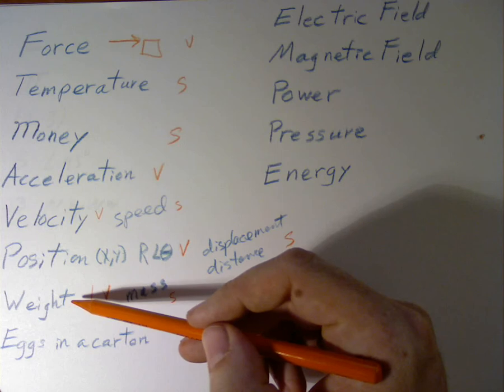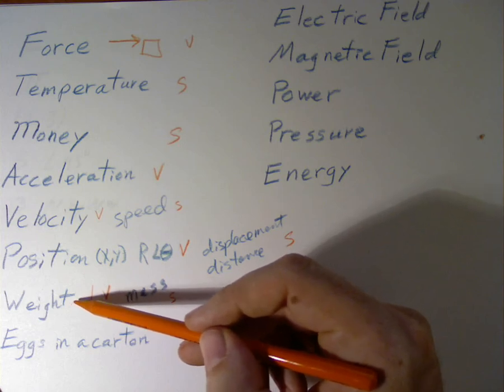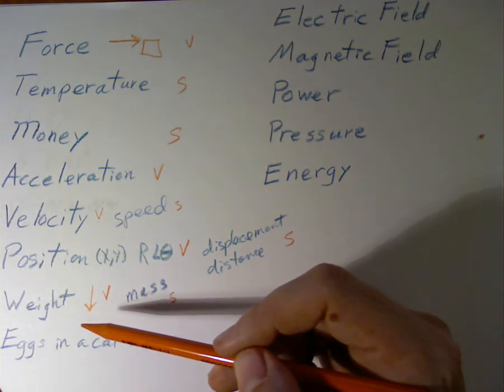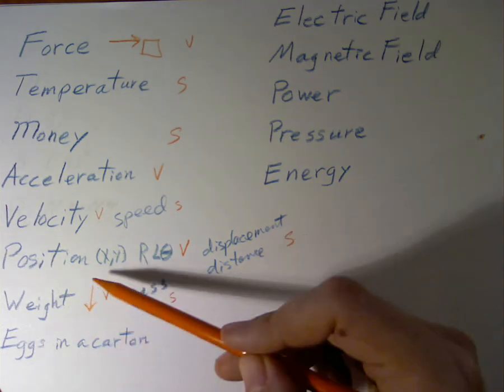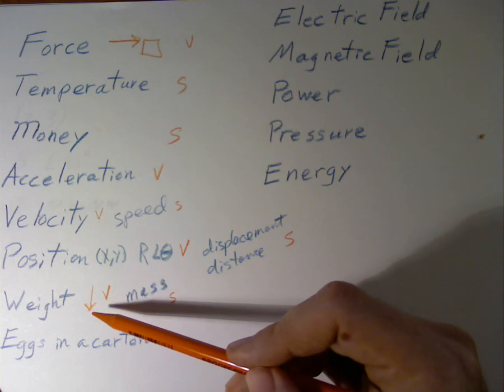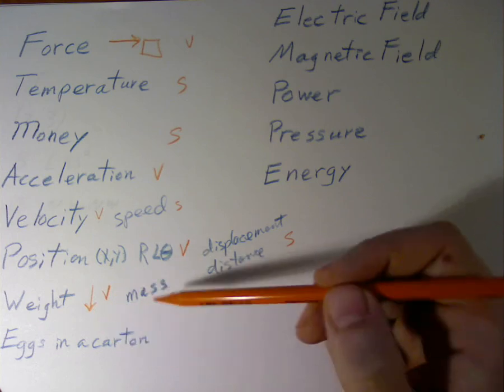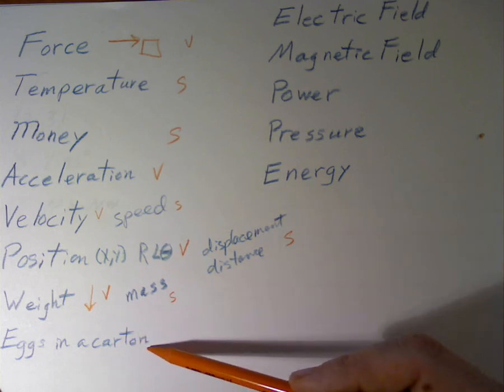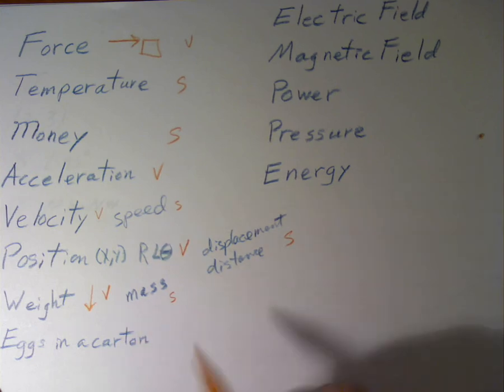We tend to think of it as simply an amount, but if you were to move around the Earth or go into orbit, your weight would vary and change direction. Mass would not. If you count the number of eggs you have in a carton, scalar, simply a number.